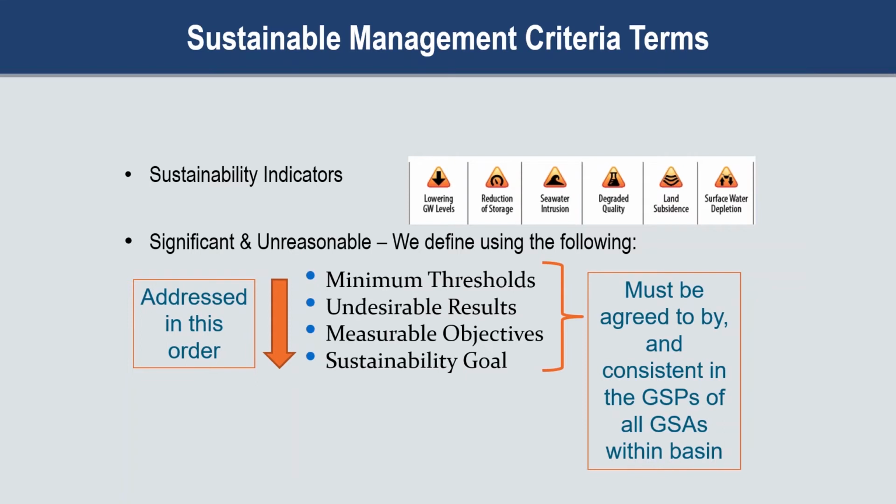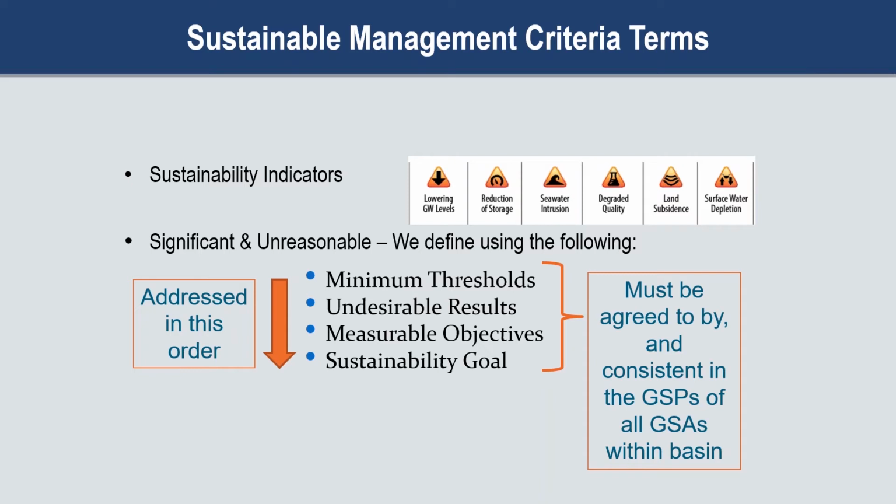So a little bit of background on what's going to be included for the sustainability criteria for each sustainability indicator. We will set minimum thresholds, undesirable results, measurable objectives, and then there will also be an overall sustainability goal for the GSA.